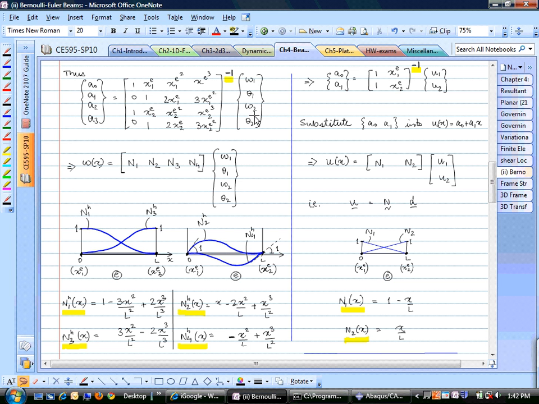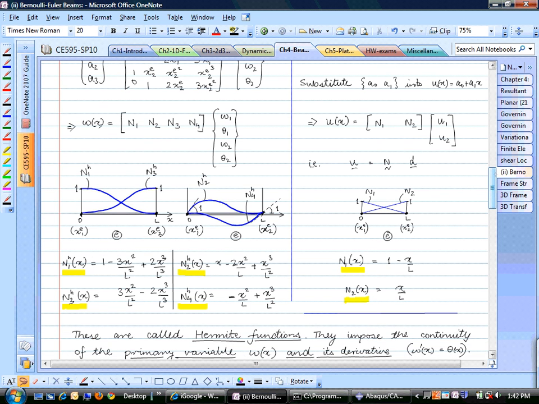And if you remember, maybe if you've taken matrix structure analysis, this is exactly how we constructed the element stiffness matrix back then. So you give a unit displacement, find out the forces and moments required to give that displacement, and that's how you constructed the element stiffness matrix. But this is where it actually comes from. There are obviously a lot of other different ways also to construct polynomials which would be continuous at the nodes, and their derivative would be continuous at the nodes.